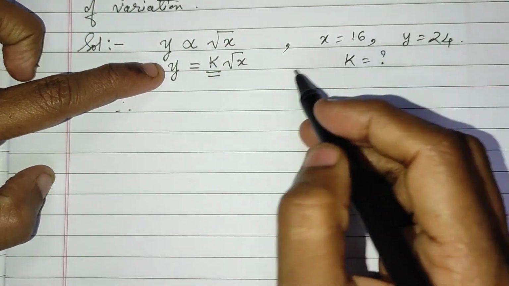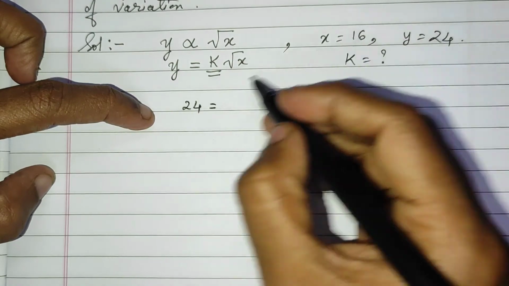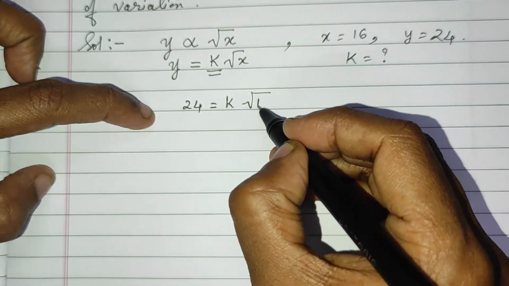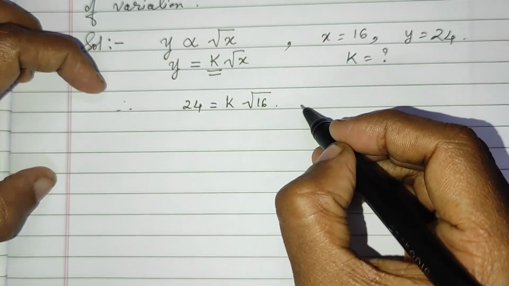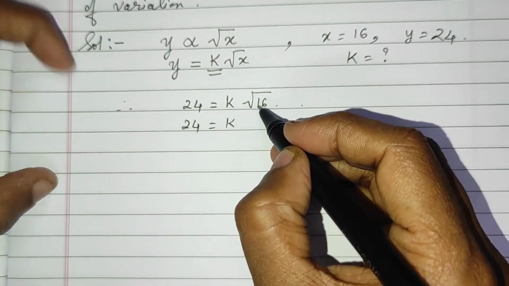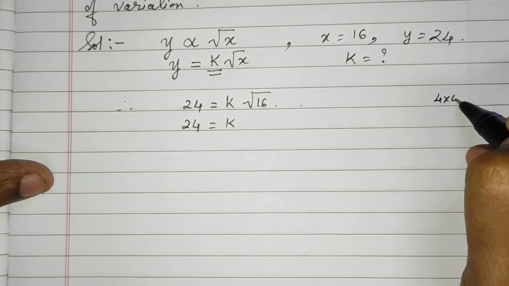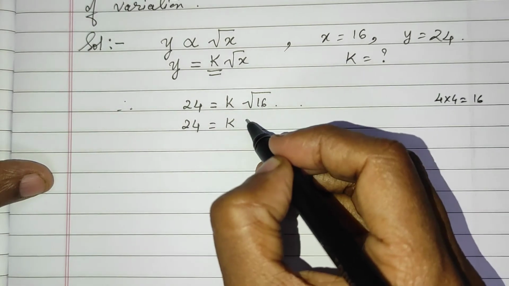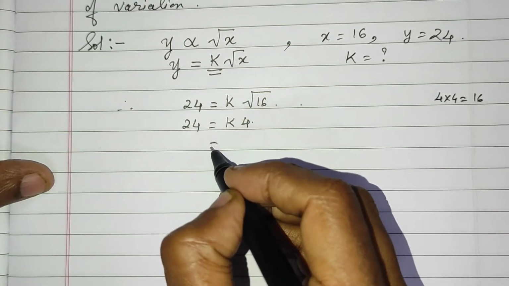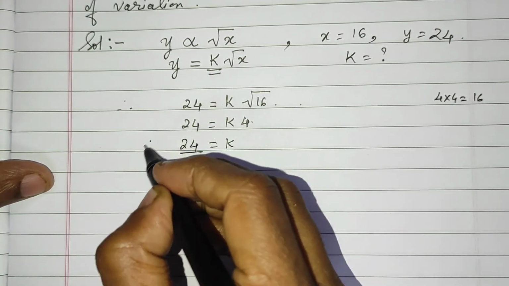So now let's see how to do. Here y is 24 and k we don't know. Square root of x is 16. So 24 equals k square root of 16, which is root 4. 16 is 4 into 4, 16. So that means here 4. So k is equals to, this 4 has come down, 24 upon 4.